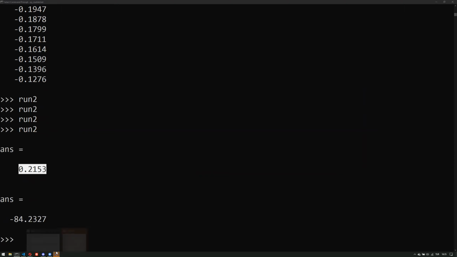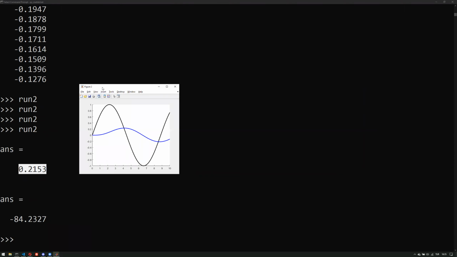Now, the sine wave should have 0.21 as its peak value. Of course, here are the transients. I need a little bit more time. It's almost there, but it needs a little bit more time.